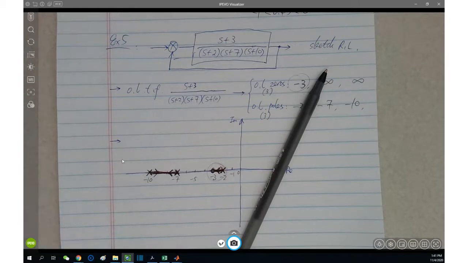I got -4 and the angles are pi/4, 3 pi/4, 5 pi/4, and -pi/4, and so on. No, it's quite right. I think you made some minor mistake here. First of all, the correct intersection point sigma A is equal to -8.